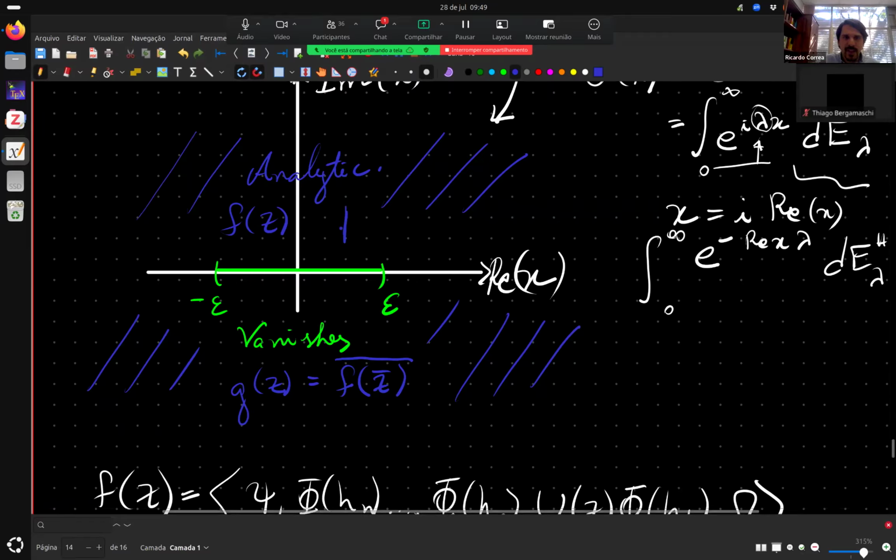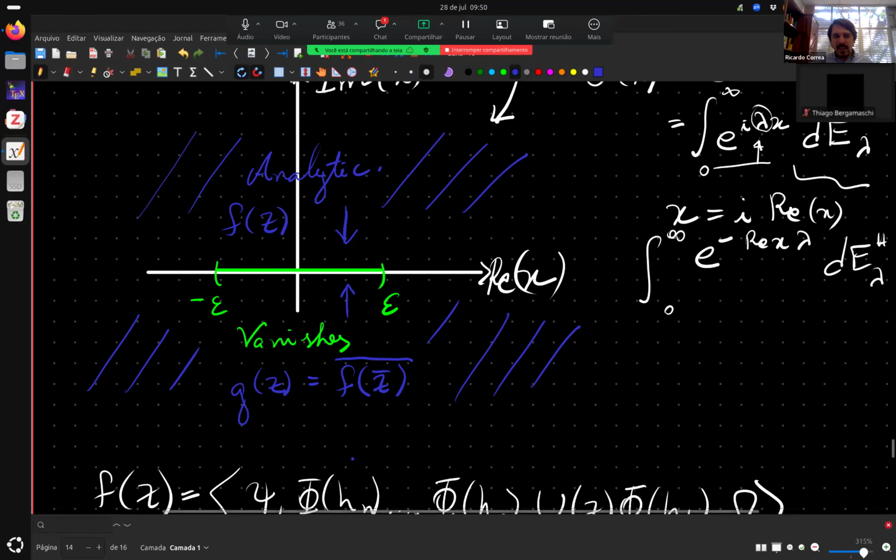I have a function that's analytic in the upper half plane, and it's analytic in the lower half plane, and they coincide in this green region in which the function vanishes. It's given by the conjugate of the parameter conjugate, but the conjugate of 0 is 0, and on the real line the conjugate of z is z.